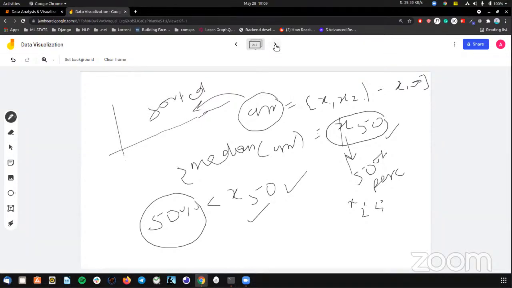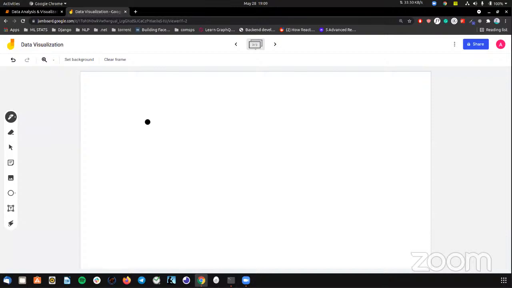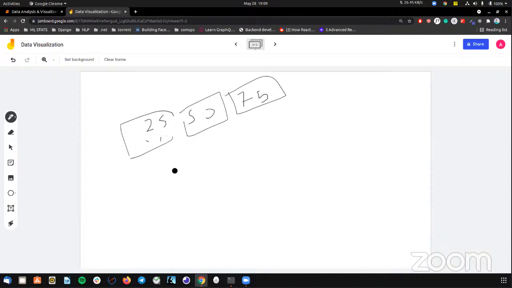Now that I have told you what a percentile is, these 25th, 50th, or 75th are nothing but the quantiles. Just assume that I am putting the percentage sign here as well. So these are nothing but the quantile values as well. Percentile means you can part your data into 100 equal sizes.